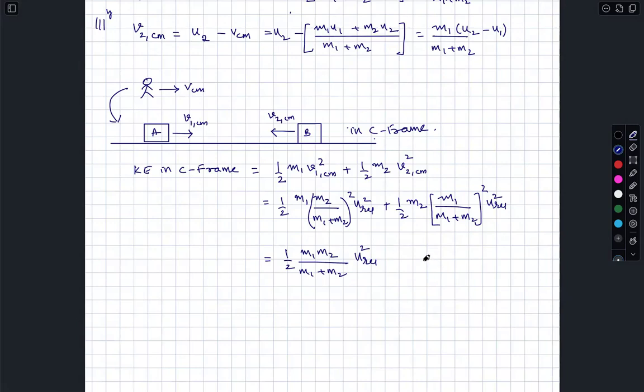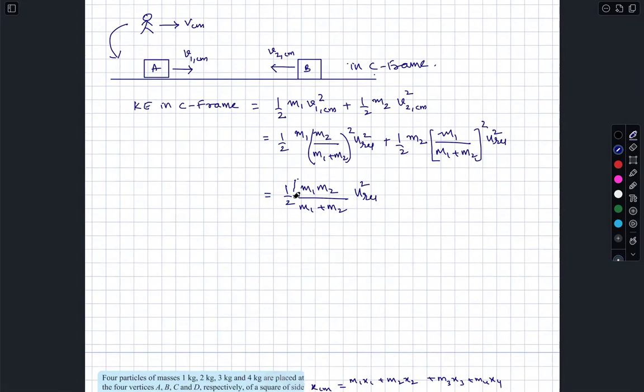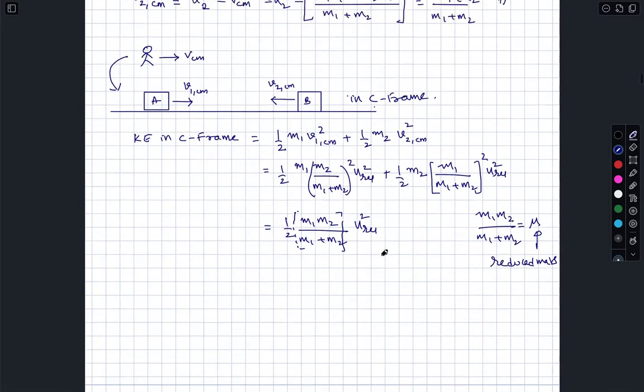And for our convenience, this term m1 m2 by m1 plus m2 we will usually call as mu, the reduced mass. Nothing is reduced there, but it is a mass term, we will write it like this.